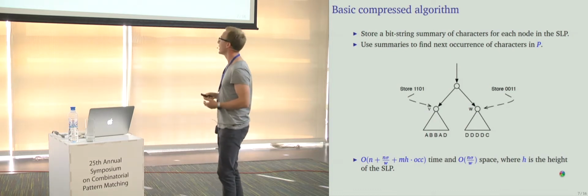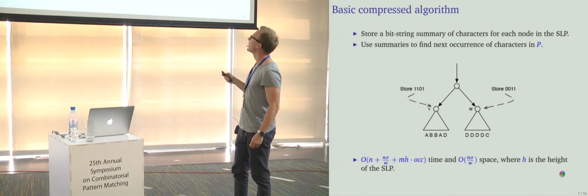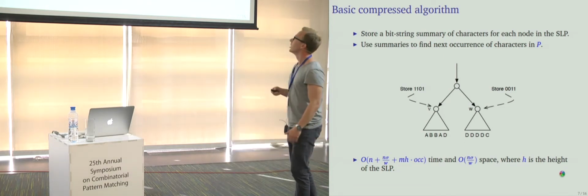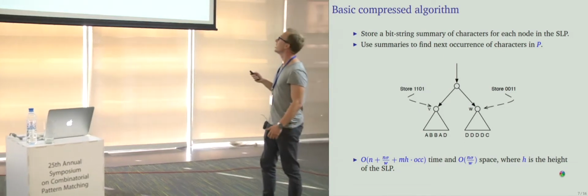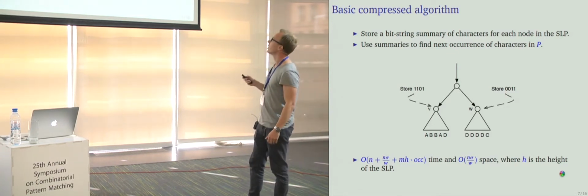So in this case, because this node V generates A, B, B, A, D, we store a 1 because there's an A, a 1 because there's a B, and then a 0 because there's no C in the string, and a 1 because there's a D. And then when we look for the pattern, say we are looking for the character C, while we are in this node, we can use the summaries to determine that we should not consider any of the nodes in this part of the straight line program, but go directly to this part.